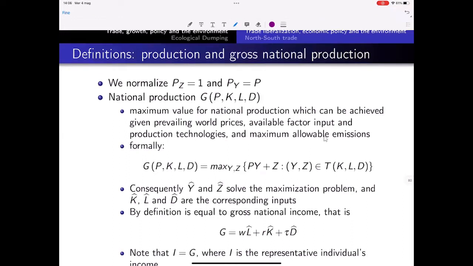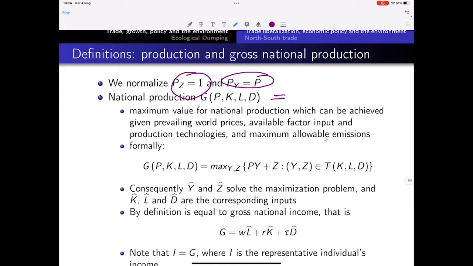First thing, again we normalize the price of Z to 1. Remember, you can always do that, because what matters in economics is always relative prices rather than absolute prices. Therefore we will focus on PY, which we call simply P, as mentioned before the break. Now, national accounting.